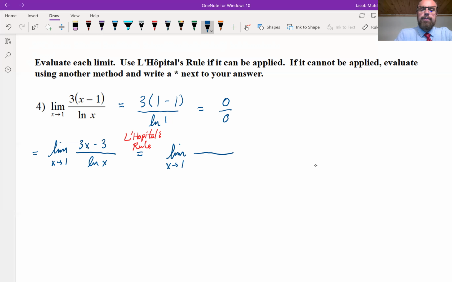And recall how we do that again. I take derivative of the numerator. So derivative of 3x minus 3 is going to be 3 plus 0 over the derivative of natural log of x, which is the rational 1 over x. And at that point, I can simplify this fraction by multiplying by x below. That'll cancel my variable in the denominator.